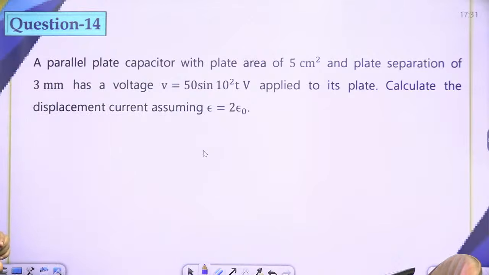Voltage is applied to a capacitor. Find the displacement current. Come on, everybody, you need the displacement current.